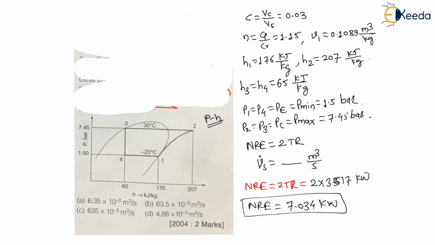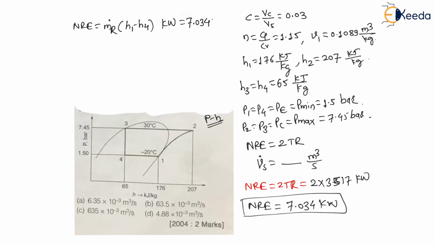Let us find this net refrigerating effect with the help of the diagram. It is nothing but mass flow rate in kg per second into the evaporator enthalpy difference, 4 to 1, which is H1 minus H4. This will be in kilowatt, and this value we have calculated as 7.034 kilowatt.